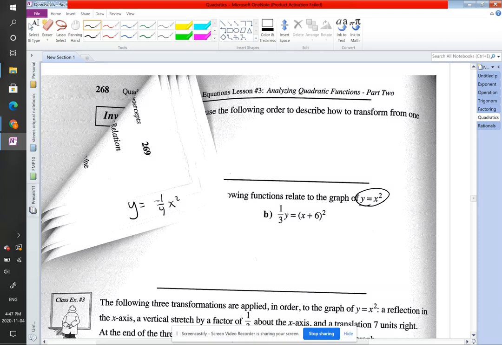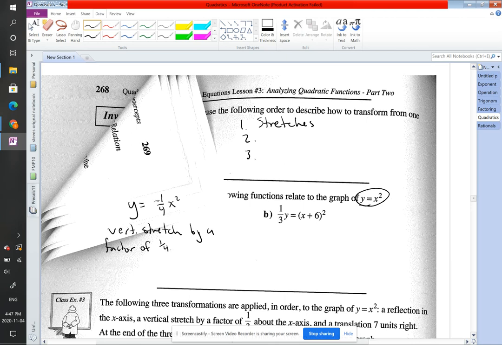In this case, we're starting with our stretches. So we have a vertical stretch by a factor of 1/4.